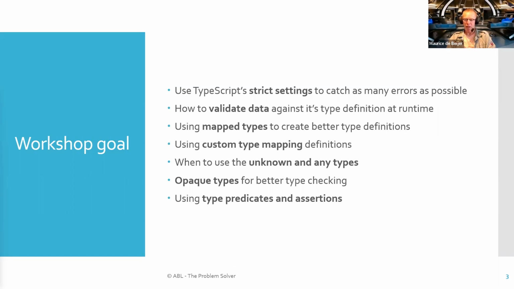I'm going to take a look at opaque types, which is a way where you can make TypeScript even better informed about different types, because in lots of cases, things boil down into basic types like string, number, etc. Like the first name and the last name are both a string, but in some cases you might actually want to differentiate between the two.